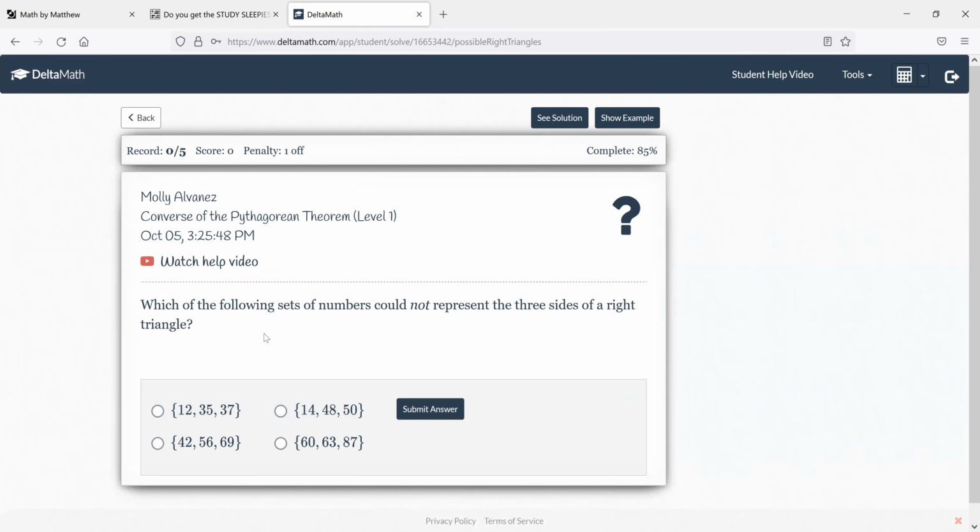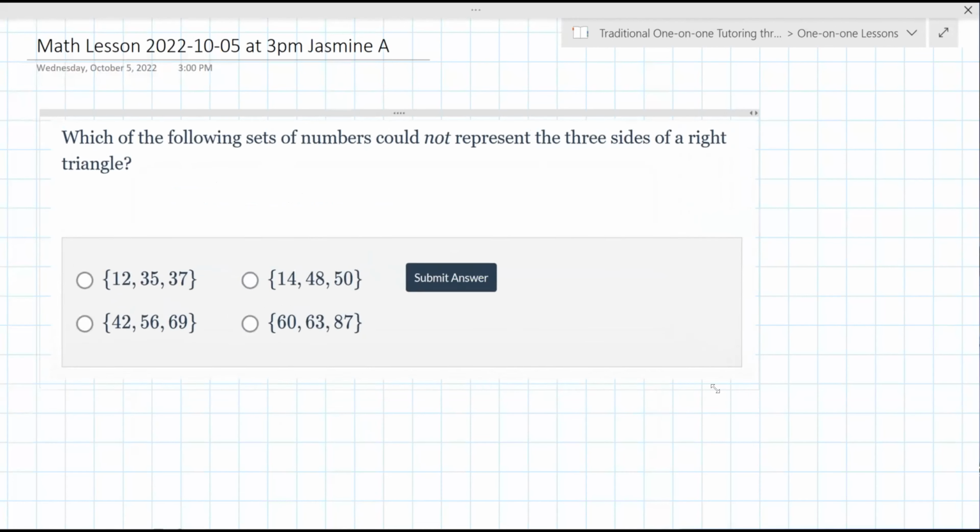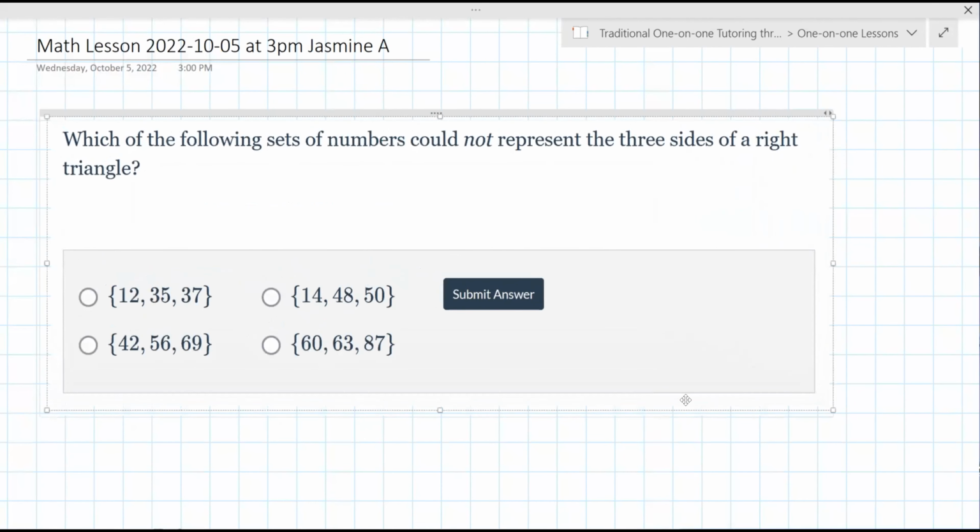Okay. So we could work on a problem like this. Is that okay? All right. So let me snip this in. This is the screen that I normally share the entire time. I call this the workspace. I snip in the questions we're going to work on, and then I work them out for you, or I have you work them out.